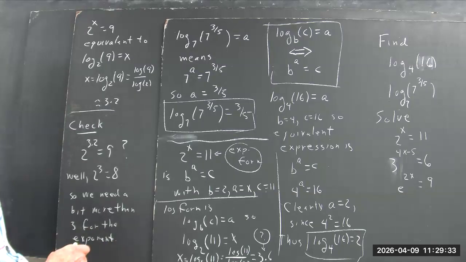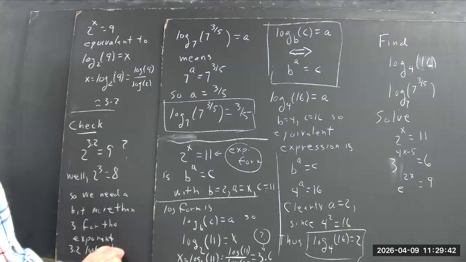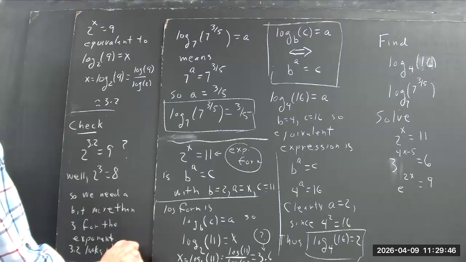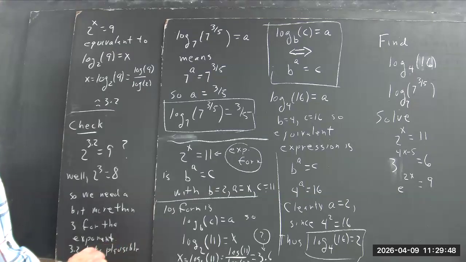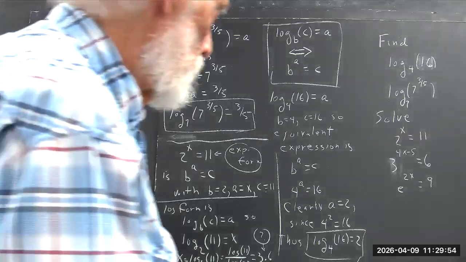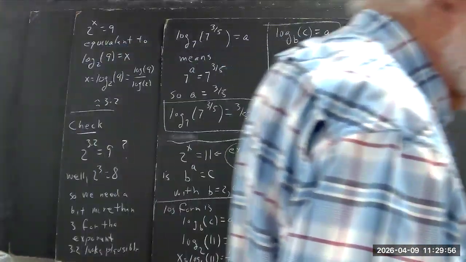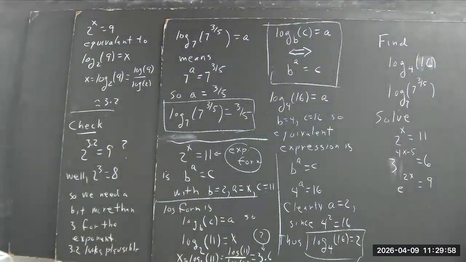Need a bit more than 3 for the exponent. 3.2 looks plausible. So do a little more work on that if you're having trouble with it.